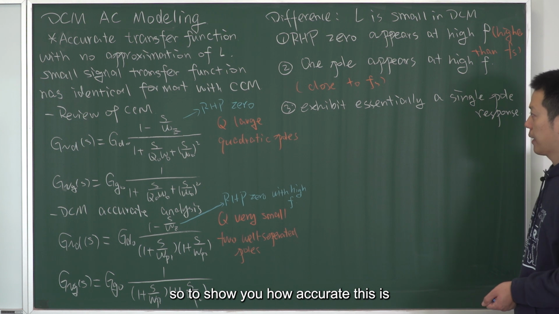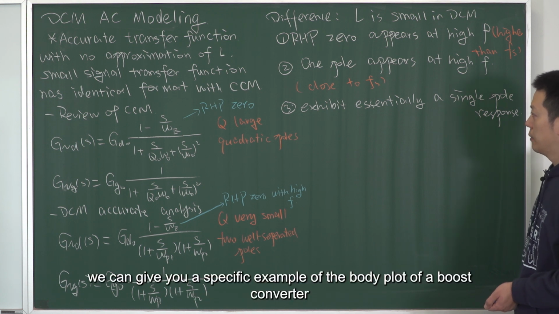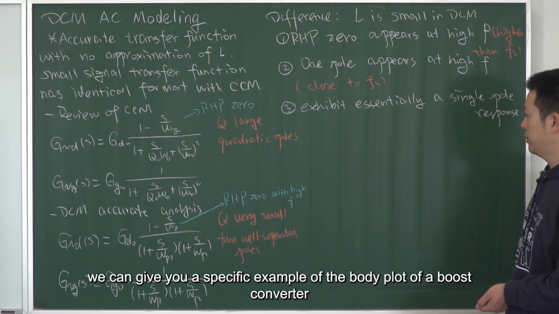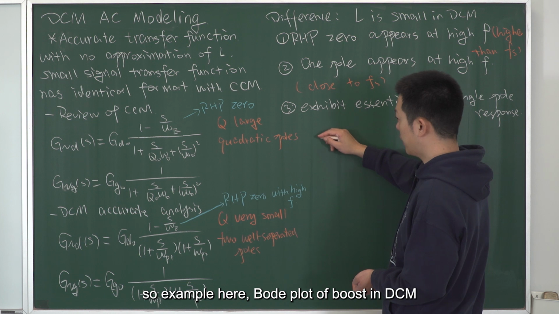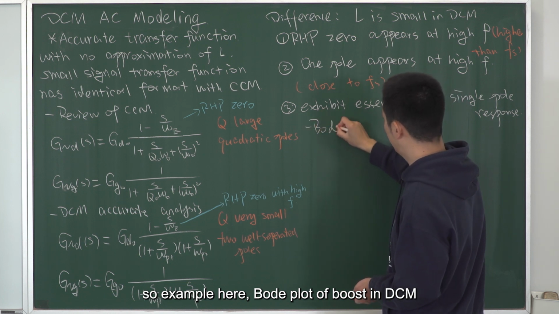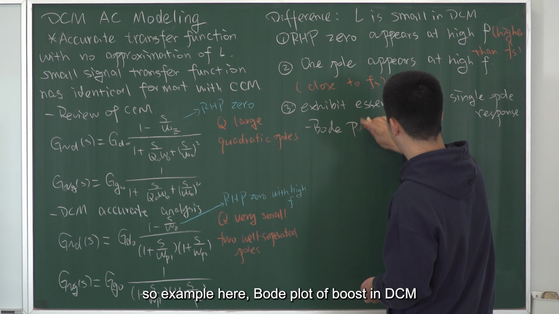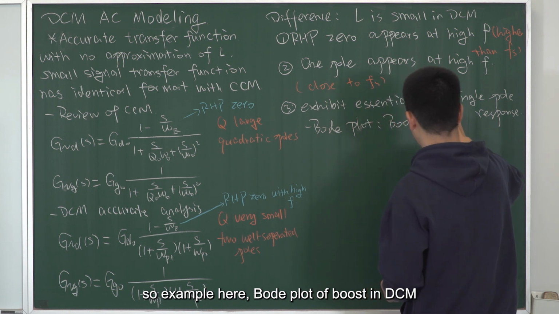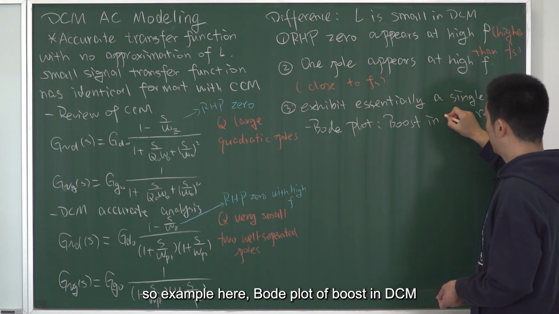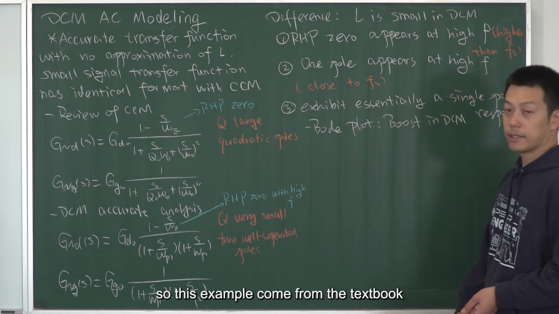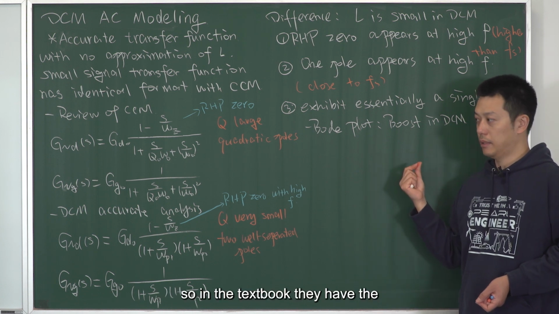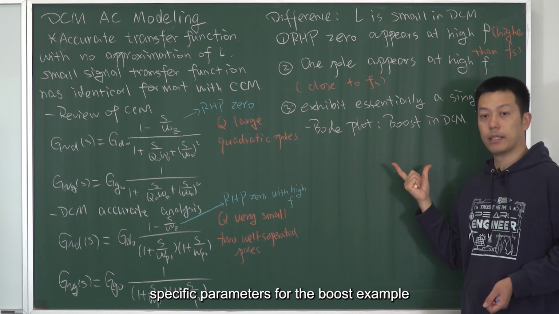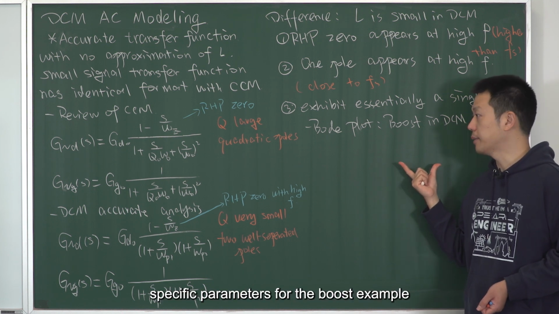To show you how accurate this is, we can give you a specific example of the Bode plot of a boost converter in DCM. This example comes from the textbook. In the textbook, they have the specific parameters for the boost example.